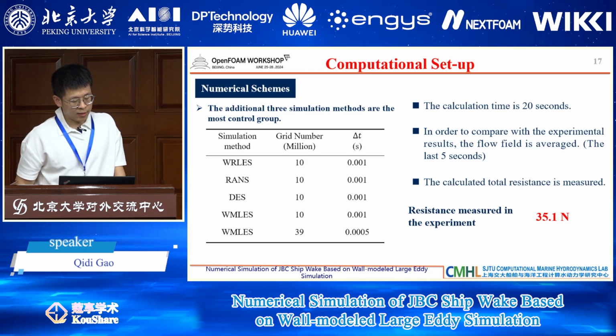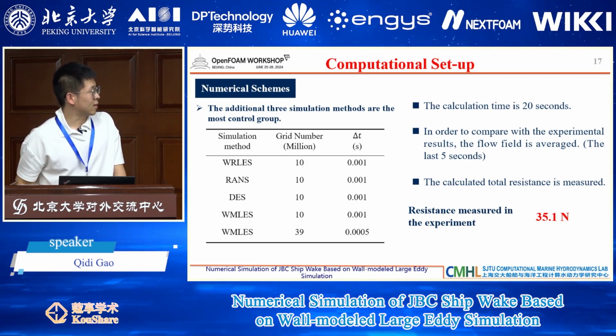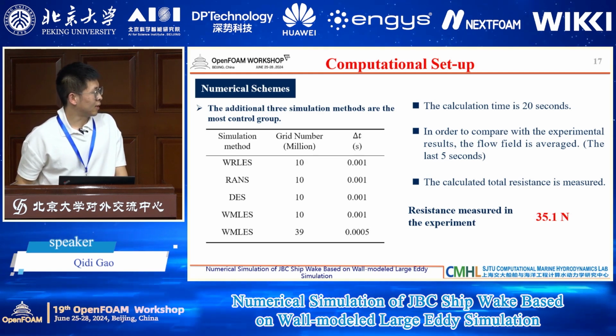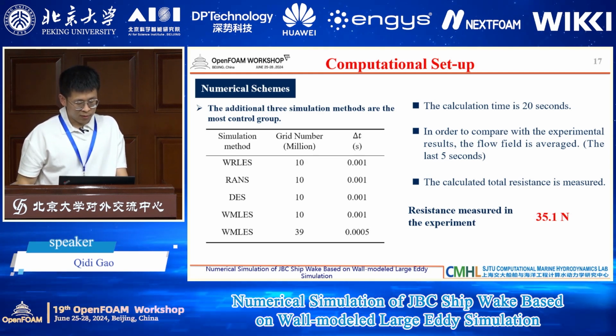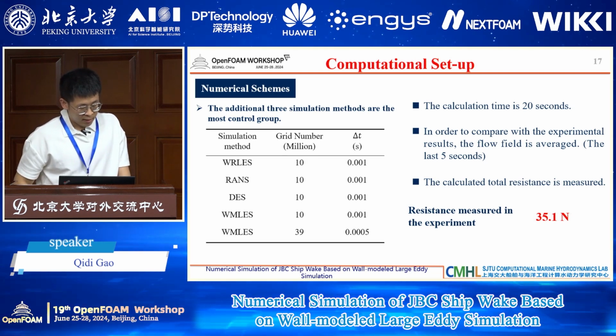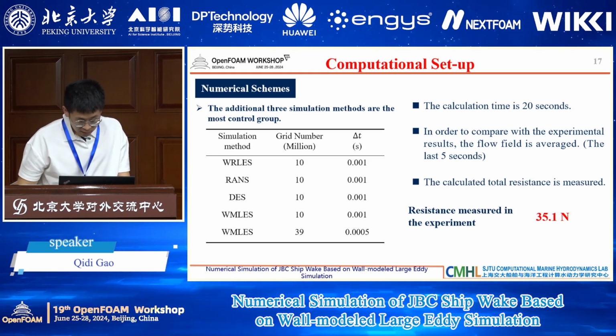In the simulation, we set up a comparison. We use WRLES, RANS and DS to compare with the wall model method, and each of them used the 10 million grid, with delta T of 1,000.